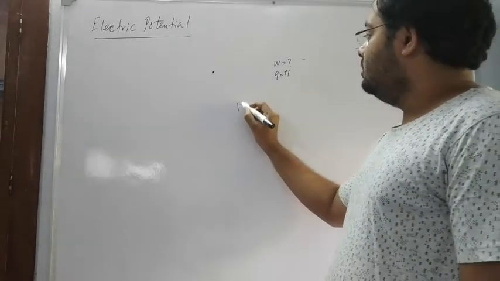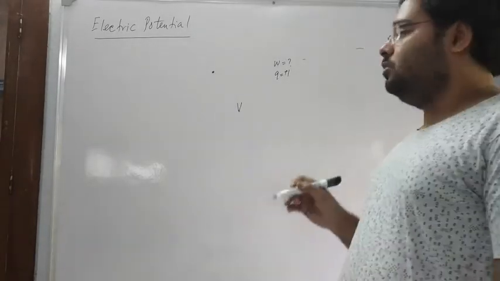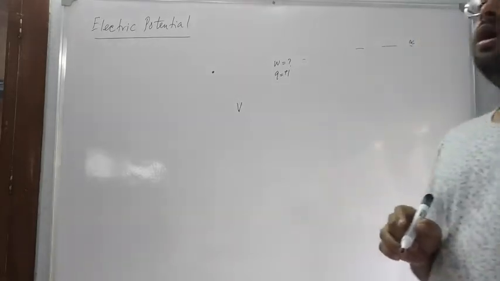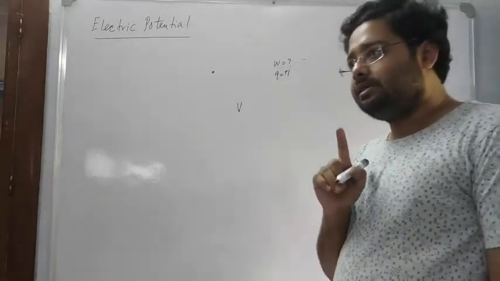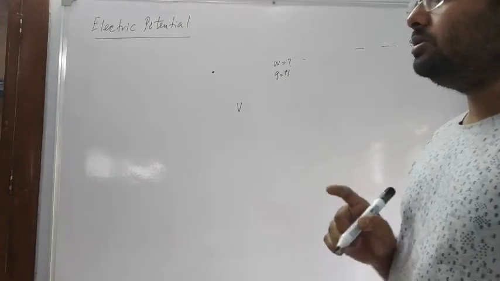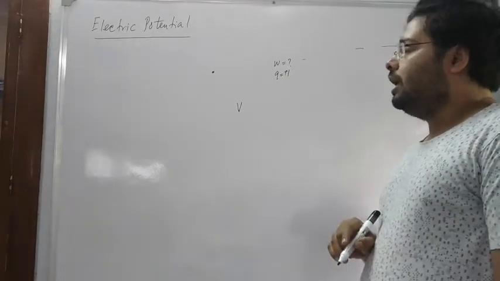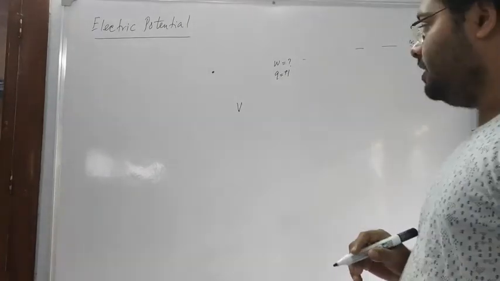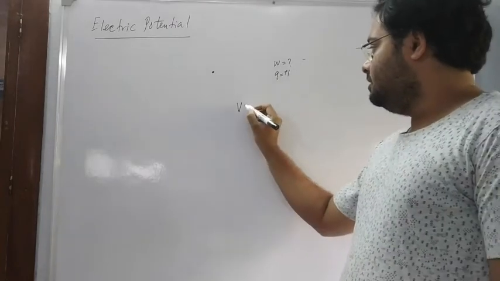And therefore, electric potential, this formula should be known to West Bengal and ICSE students who pursued their class 10th in those boards. I am not sure about CBSE. I don't take CBSE class 10.